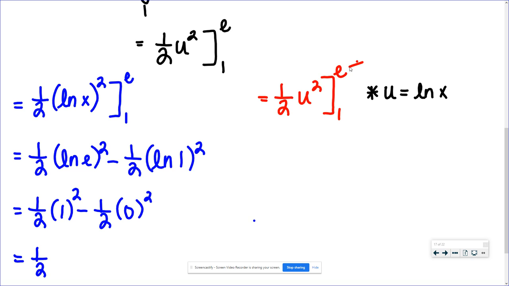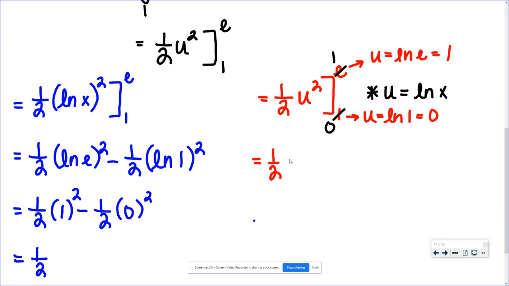So if I want to change it, I'm going to plug in e, and I get 1. So that means I'm going to change this value to a 1 if I'm writing it in terms of u. And then I'm going to do the same thing down here. So plug it in, u is equal to ln of 1. That gives me u is equal to 0. So this value is a 0. And now I can continue the problem.